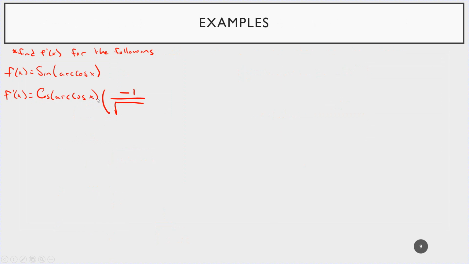My u here is just x, so it's 1 minus x squared. Now, cosine of arc cosine of x, well, that's f evaluated at its inverse of x. So cosine arc cosine is just x. And then you can distribute the x through, and you're just left with negative x over the square root of 1 minus x squared.